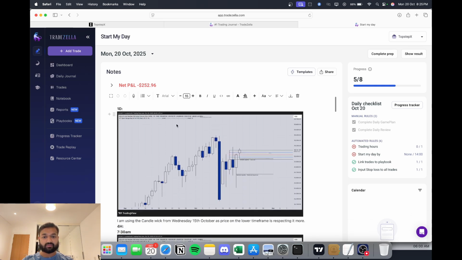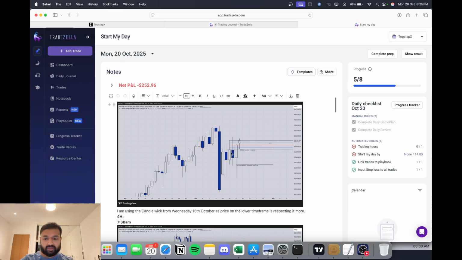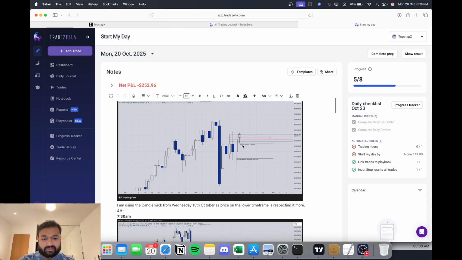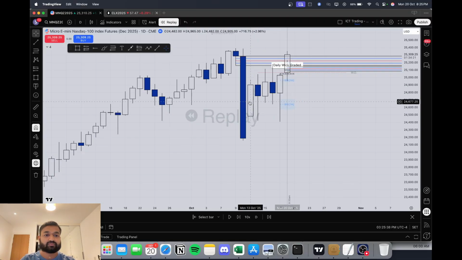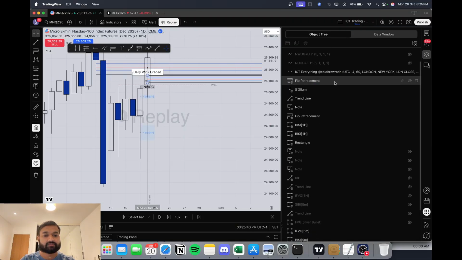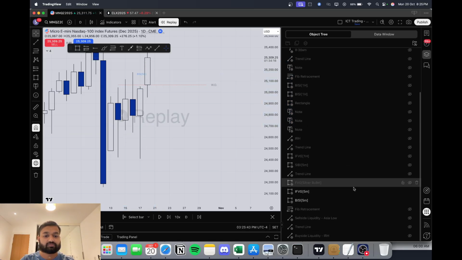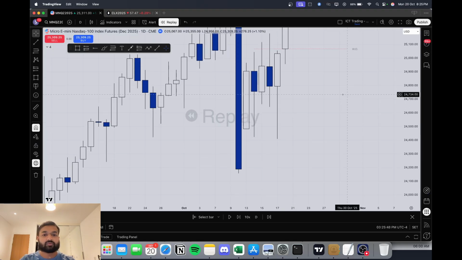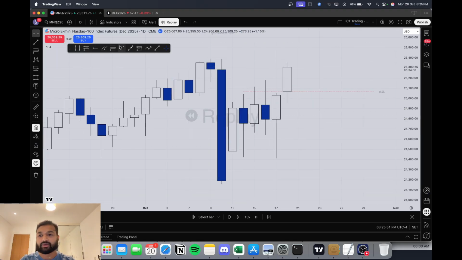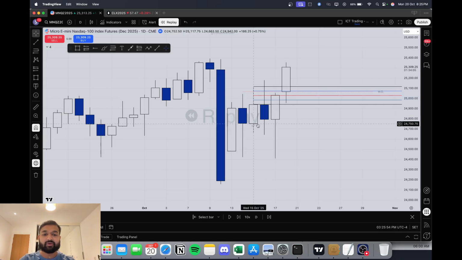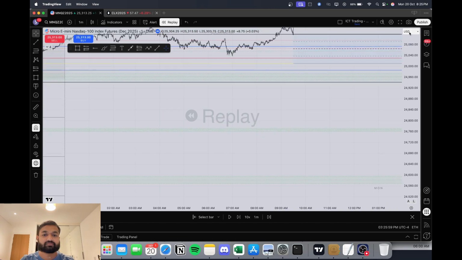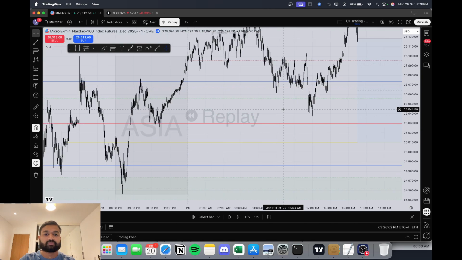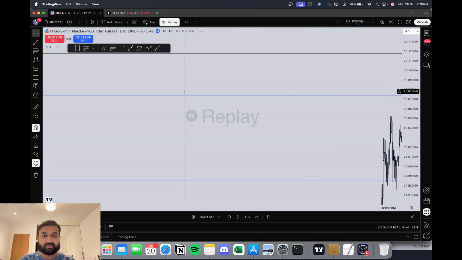So what I do is I start with my daily chart. Today I started to use this wick here. So if I hide all this, my focus was on this wick here, primarily because when I go to the lower time frame, you can see that it was respecting it quite a bit.